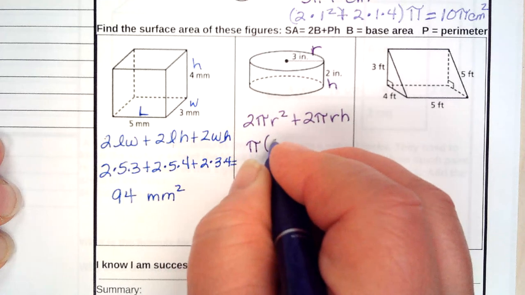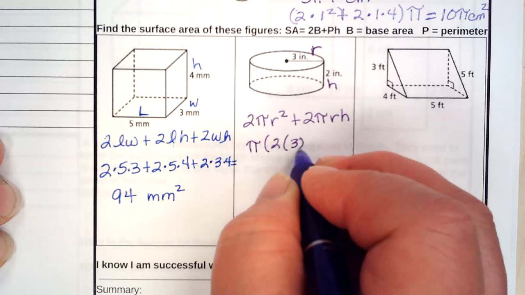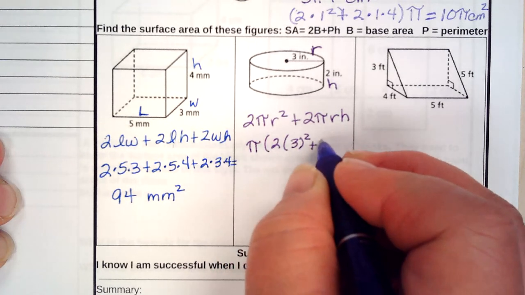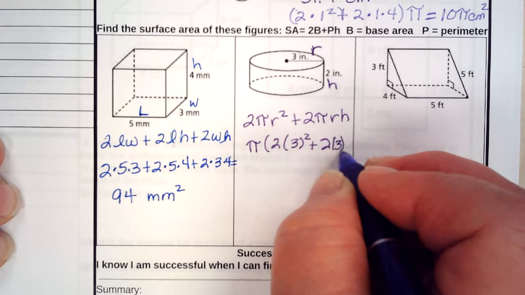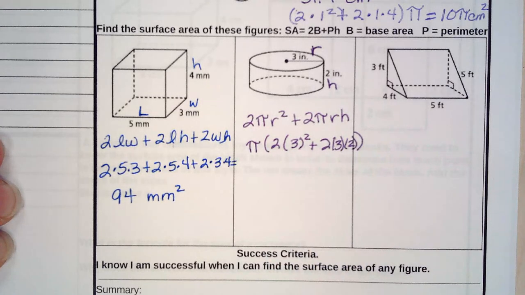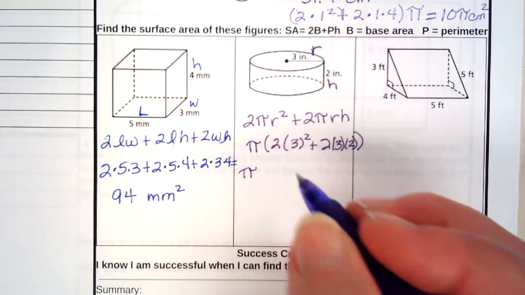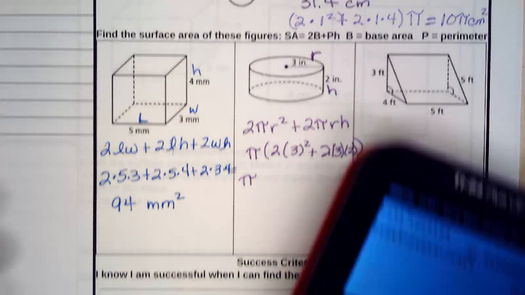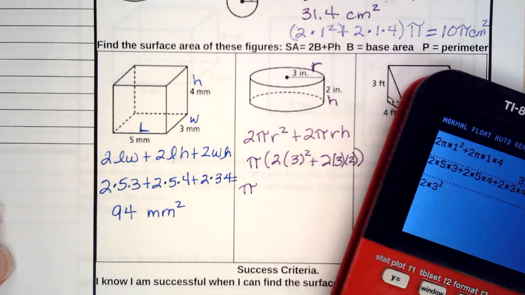Pi times 2 times 3 squared plus 2 times 3 times 2.